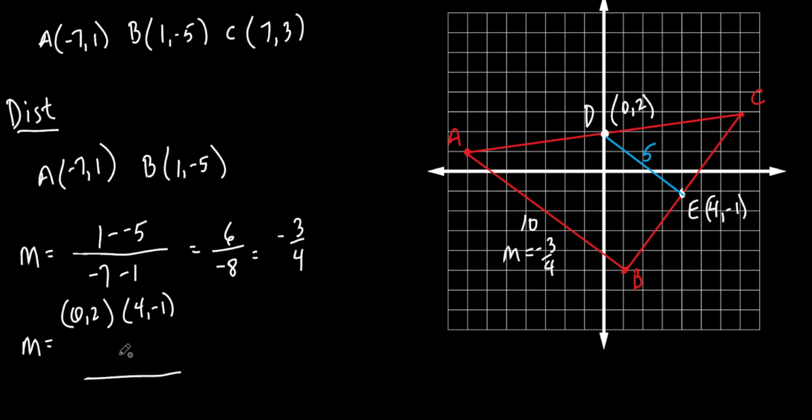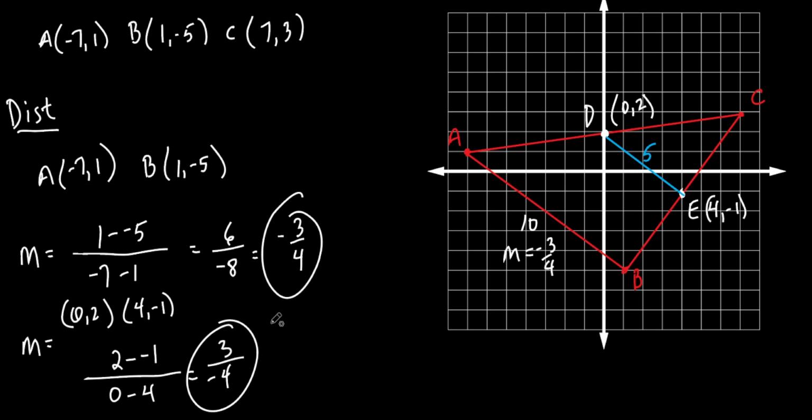So change in y, so it's 2 minus negative 1. Change in x, 0 minus 4. 2 minus negative 1 is 3 over negative 4. Check it out. These have the same slope, so what must be true about these two lines right here? That third side and that mid-segment are definitely parallel to each other.